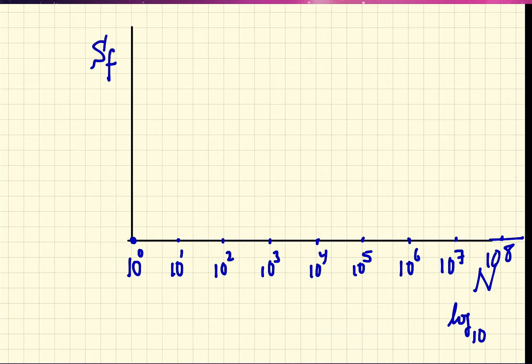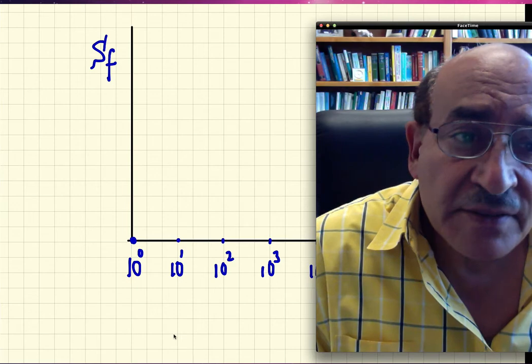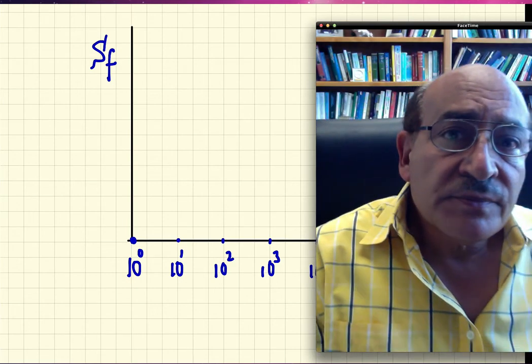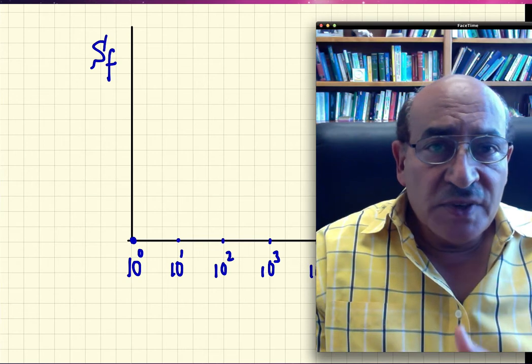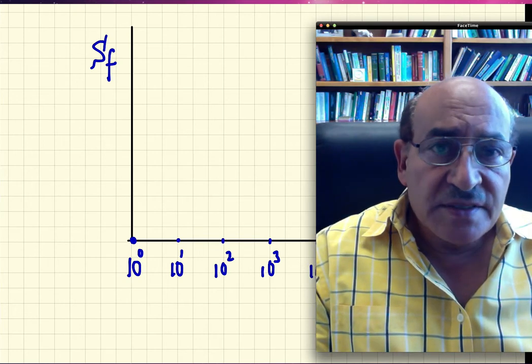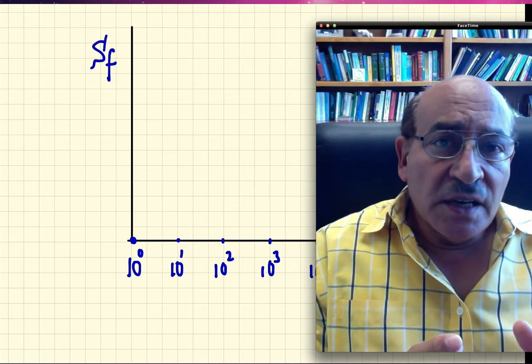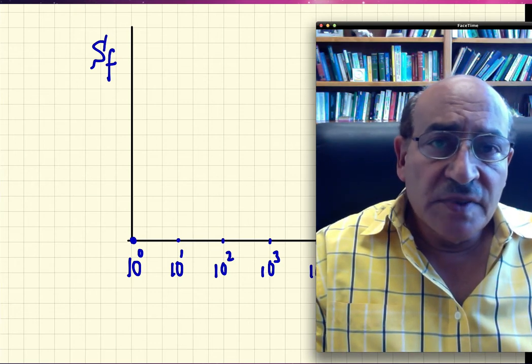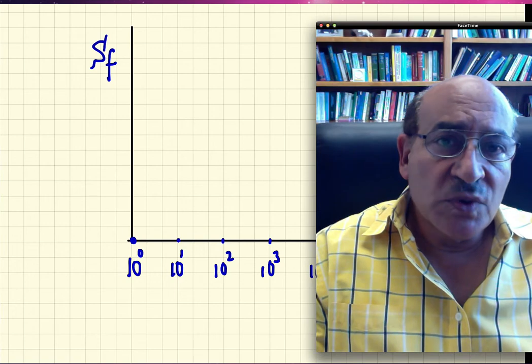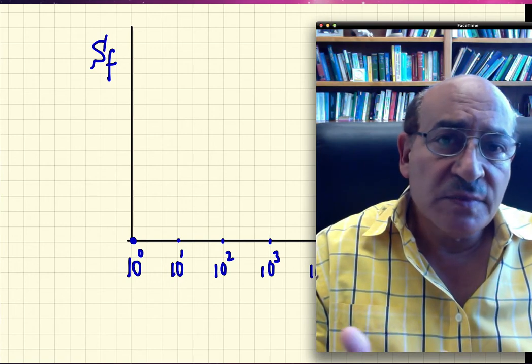So now my duty is to find a way to relate the S sub F to the corresponding number of cycles to failure. And as we learned from the previous lecture, we have two regimes. One is the low cycle regime, where ductility is important when the number of cycles is below 1,000.